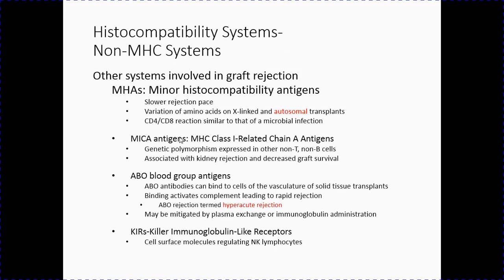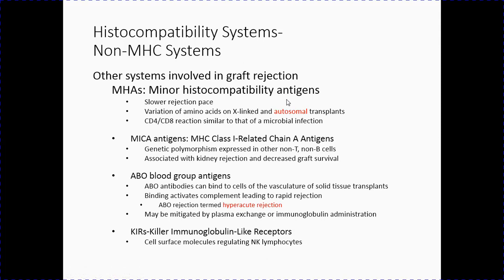Now, on to the next. There are other non-MHC systems that can also stimulate a graft reaction. What are those systems, and what are they called? In general, we call these non-MHC systems the MHAs, or minor histocompatibility antigens, or the minor histocompatibility antigen systems.